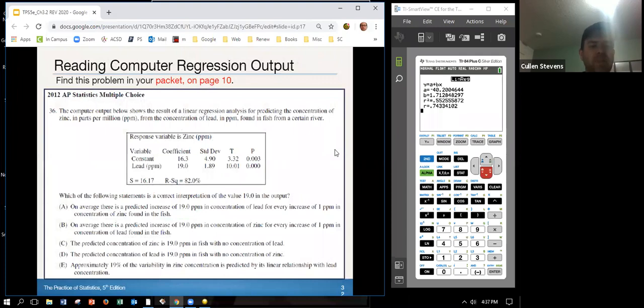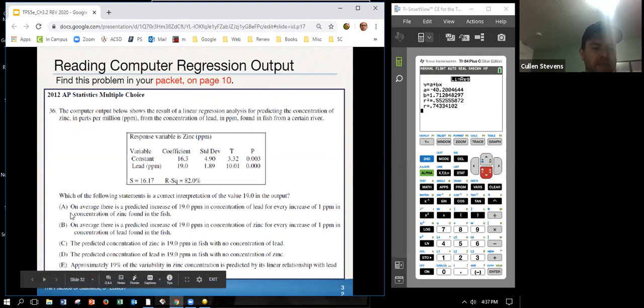So remember that slope is change in y over change in x, predicting zinc per x. So our zinc is going to be our y because that's what is predicted, right? So we take a look and on average, there is a predicted increase of 19 parts per million of zinc for every 1 concentration of lead. All right, so that's what we're looking for here.